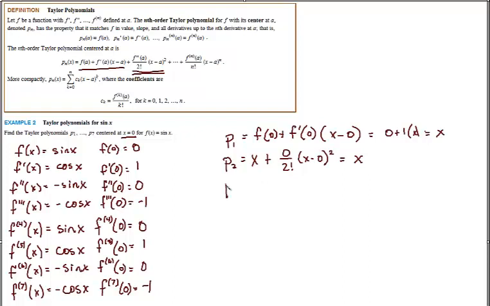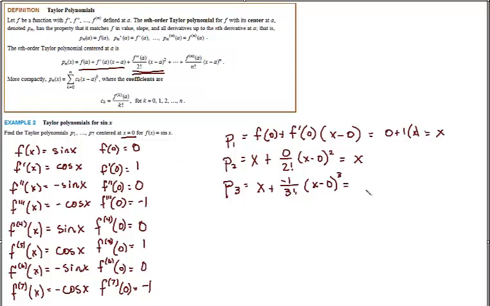This is going to change though when I go to P3. P3 is going to be all of P2, which is just x, plus the next one is going to be negative 1 over 3 factorial and then x minus 0 quantity cubed.